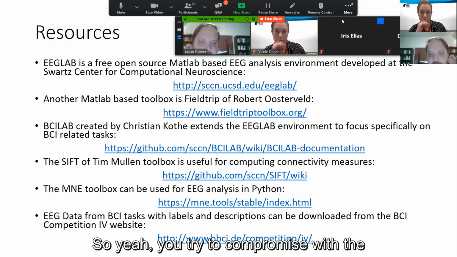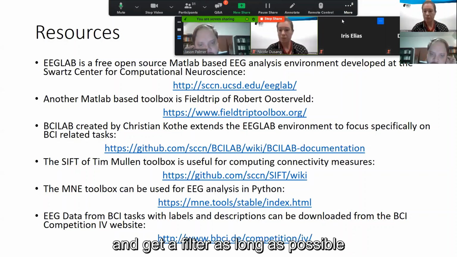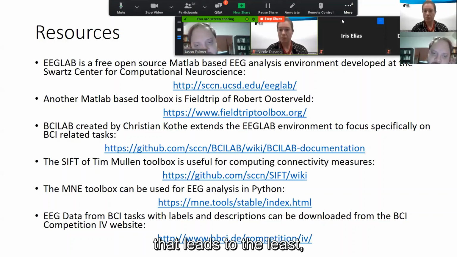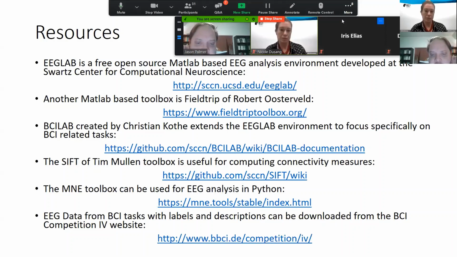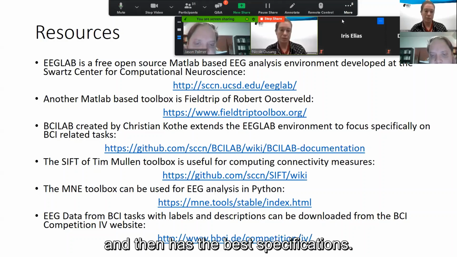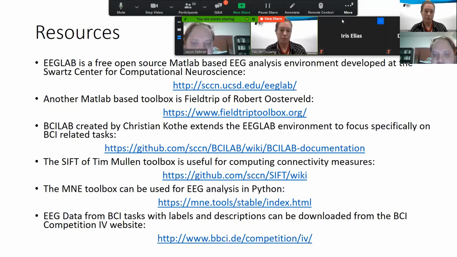So you try to compromise and get a filter as long as possible that leads to a delay that's acceptable, but has the best specifications.